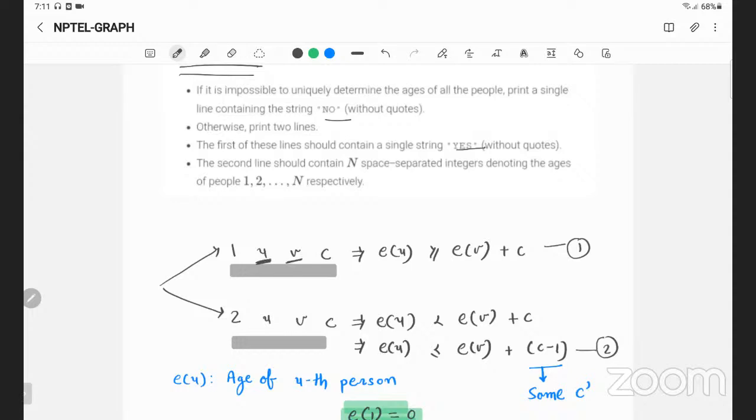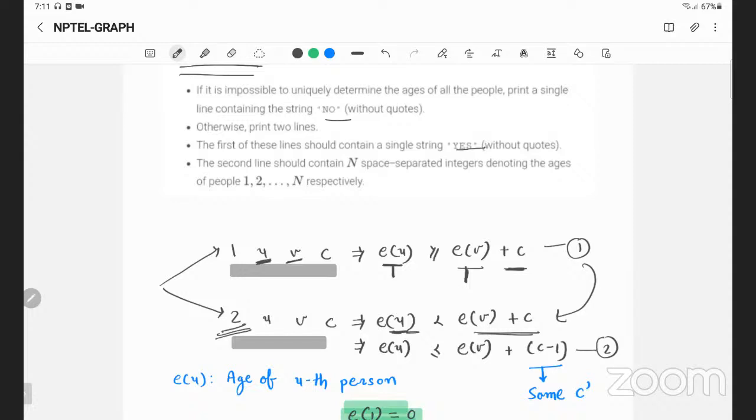That means if you denote the age of person u by EU, then EU is greater than or equal to EV plus C. And if t equals 2, that means the negation of this inequality. So EU is less than EV plus C.